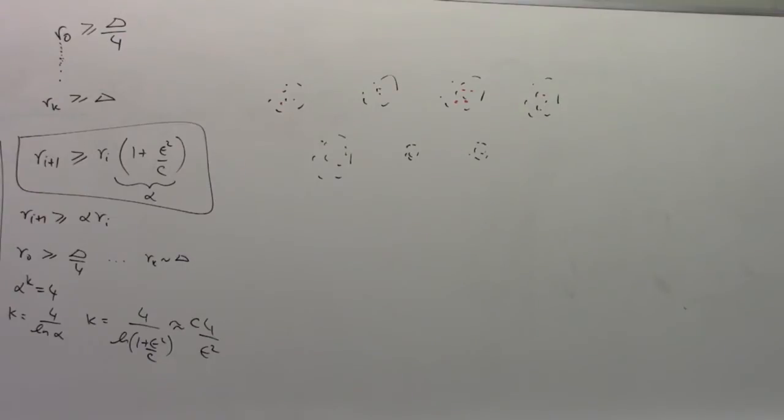Then I'll need only something like 1 over epsilon cells here, and 1 over epsilon cells here. And so the total number of grid points is 1 over epsilon squared. There are weighted points, but I only need to represent my data by these 1 over epsilon squared points.